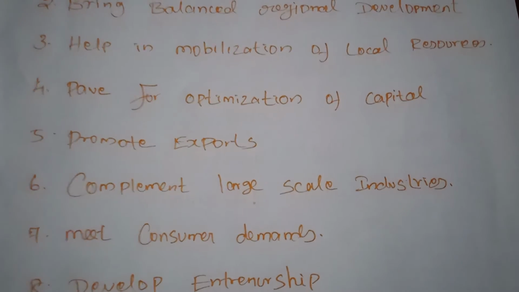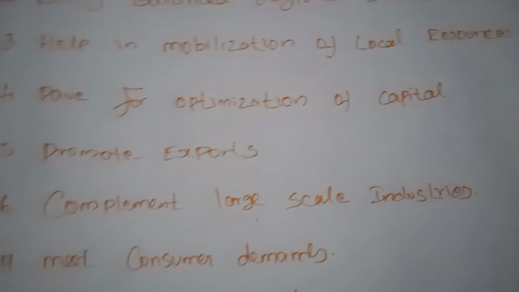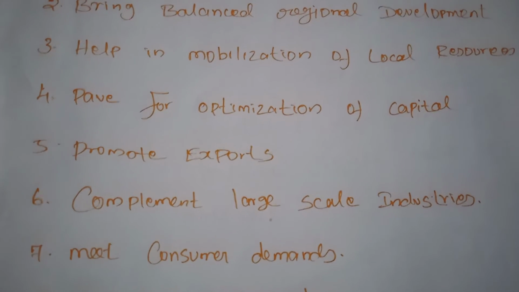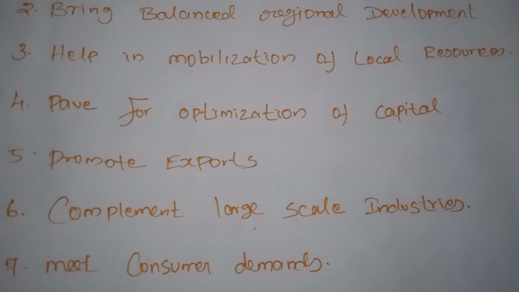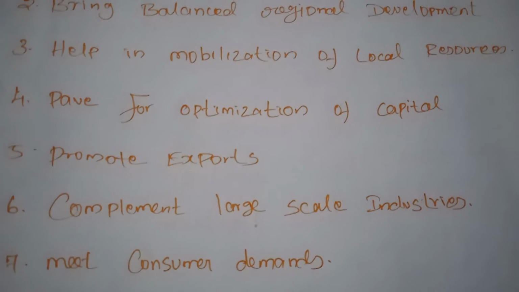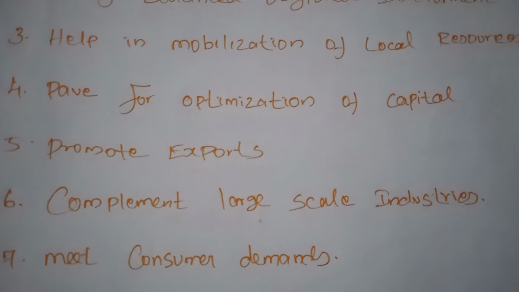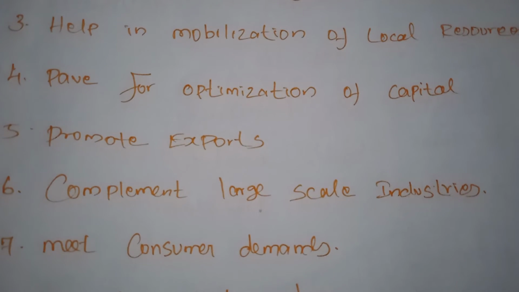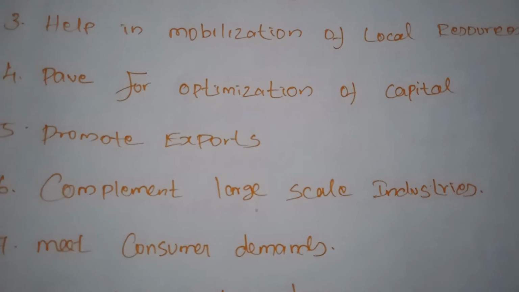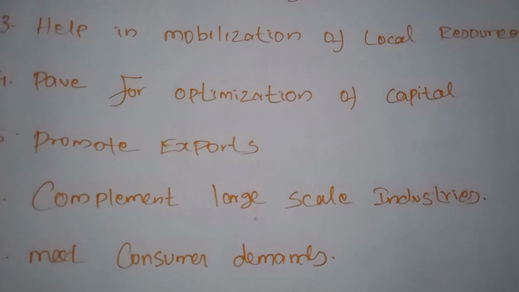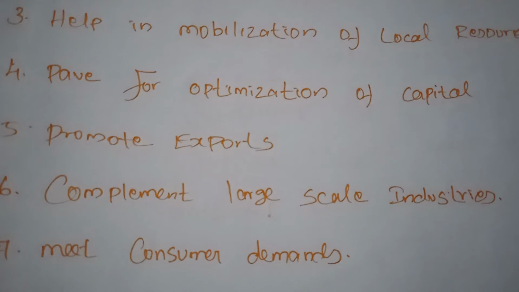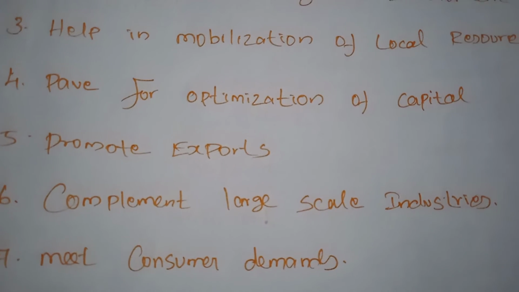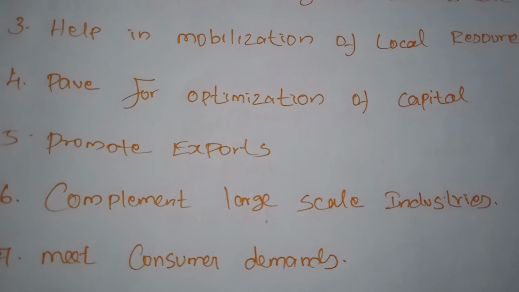When compared to large scale industries, small scale industries require a small amount of capital. This capital can be derived from local area people, local money lenders and other financial facilities specialized in providing finance for small scale industries, and they will also have the power to repay the fund.